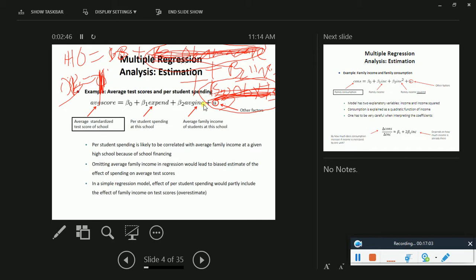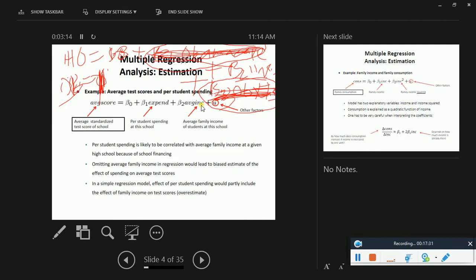Okay, if you don't have average family income, then you can only say that okay, because of spending, the average score has gone up to this much. But within that spending, part of it would come from the family income, right? Not all. But once we include the family income, then we can capture the family income effect directly, right?